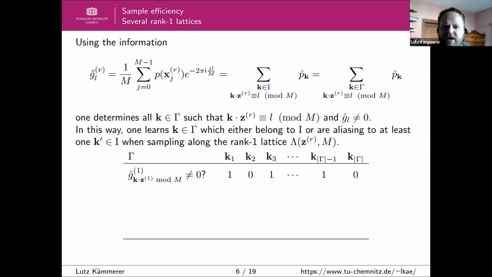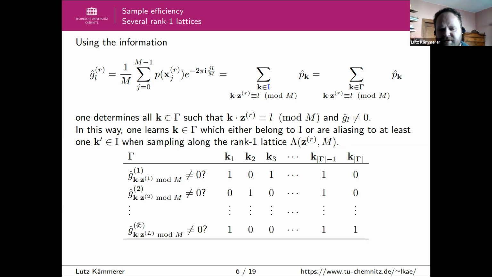You compute this g hat L. You take a look at those that are non-zero and mark all the k's that are in there with a 1. You do this with the second one, and so on, with L different lattices.